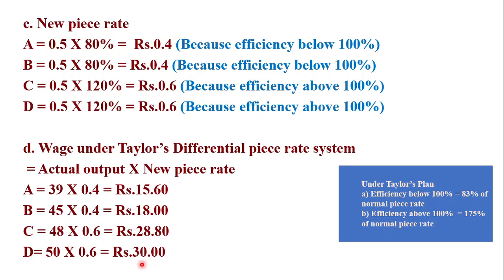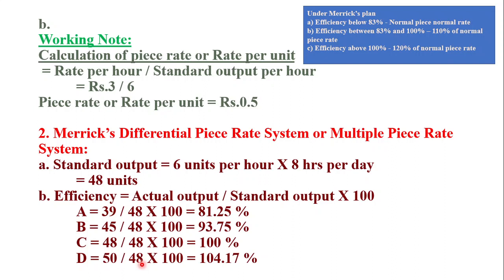And the last one is calculation of wages under Merrick's differential piece rate system. Under Merrick's differential piece rate system there are 3 rates. If the efficiency is below 83%, it is the normal piece rate; efficiency between 83 to 100% means 110% of normal piece rate; and if efficiency is above 100% means 120% of normal piece rate.